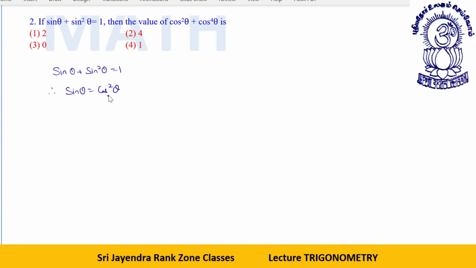So you can replace this cos square theta directly by sine theta, or cos 4 theta will be what? That will be sine square theta. So you write this as cos square theta. You will write this as sine square theta. This is nothing. This is 1. Am I clear, dear students? Let's take the next one.